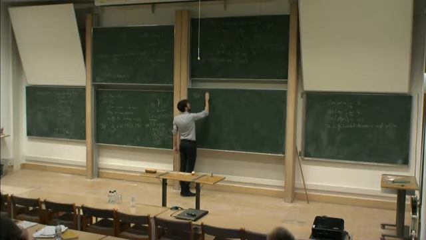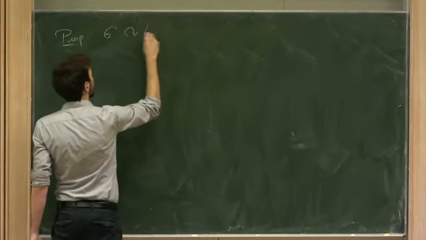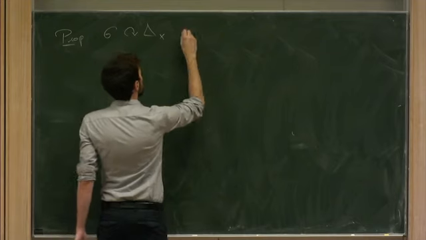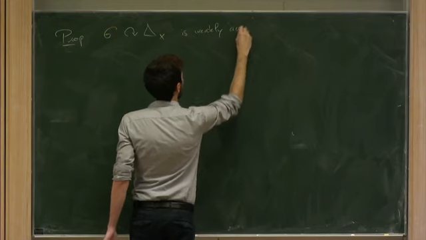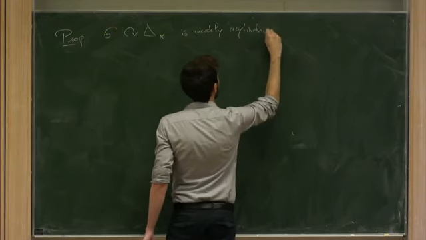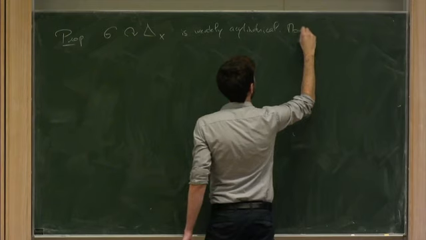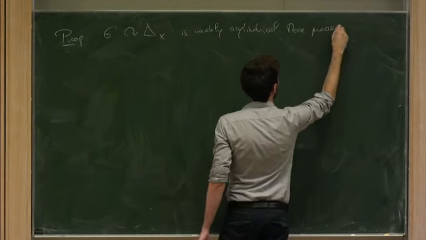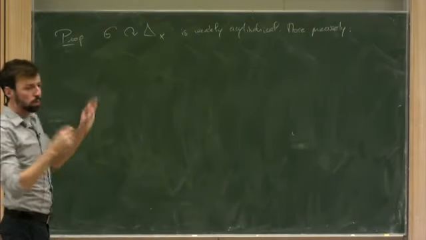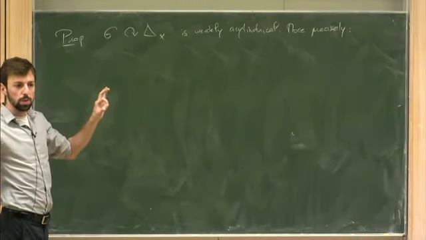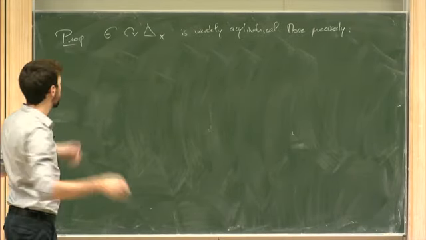So the action of the graph product on delta x is weakly cylindrical, and more precisely, for two vertices, I'm going to describe the intersection of the stabilizers of those two vertices.